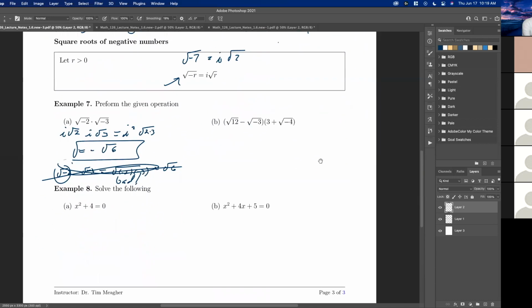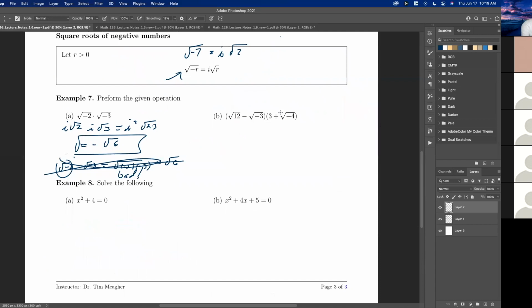All right, so let's work through some things. If I have this, I'm going to simplify this just to make my life easier. I'm going to write this as 2√3 minus √-3 plus 3 plus the square root of minus 4.